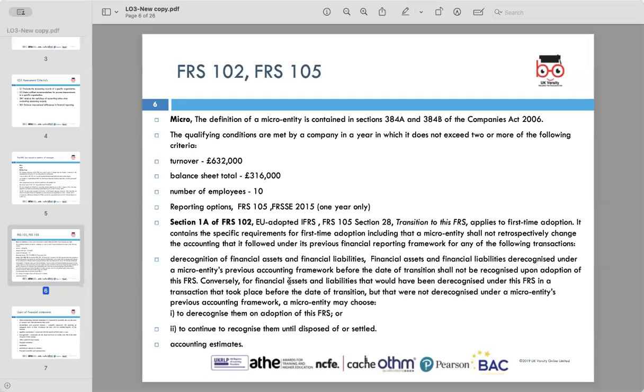Reporting options for micro-entities. Financial Reporting Standard 105: this standard applies specifically to micro-entities and provides simplified accounting requirements. FRSSE 2015: this was available for 1 year only and provided a simplified framework for small entities.